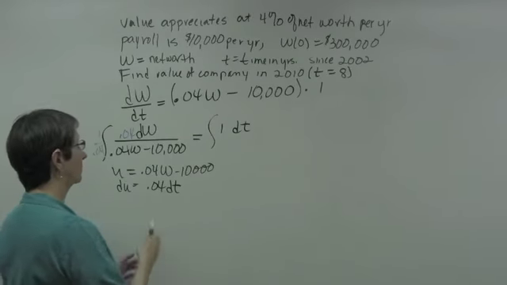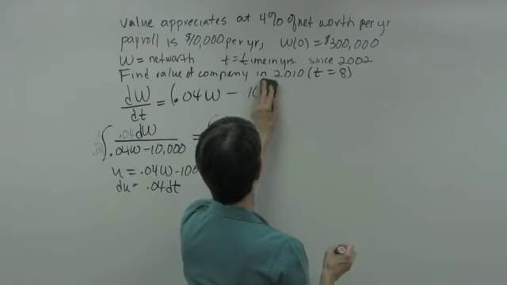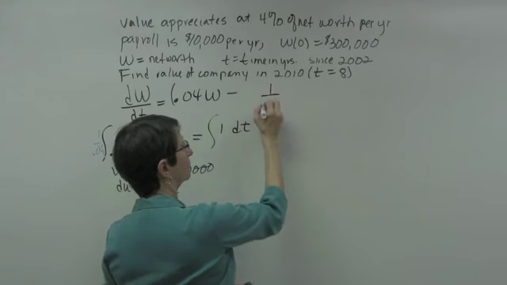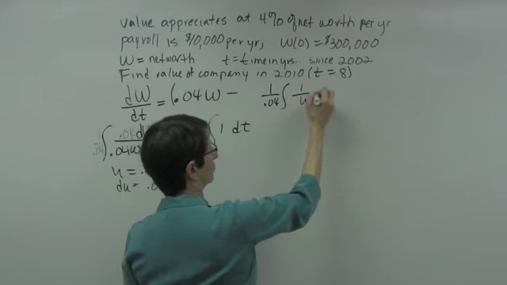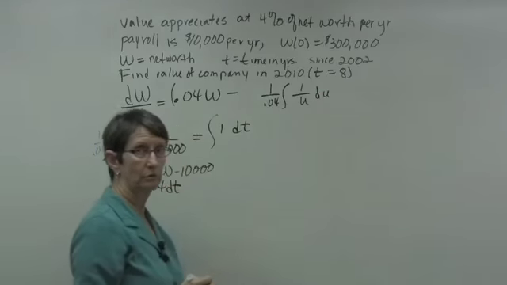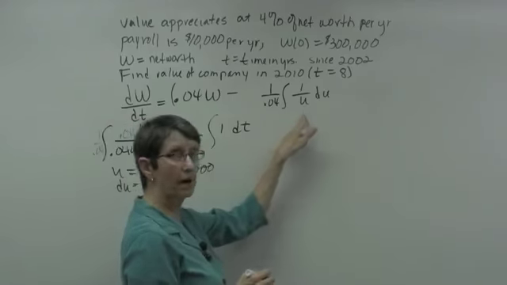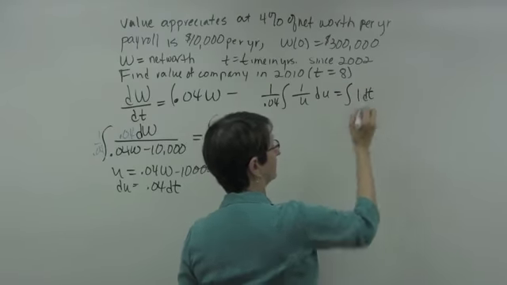So my integral becomes, go back up here, get rid of that piece, 1 over 0.04 times the integral of 1 over u du. I have the du on top, I have this 1 over u in the bottom, and that equals the integral of 1 dt.